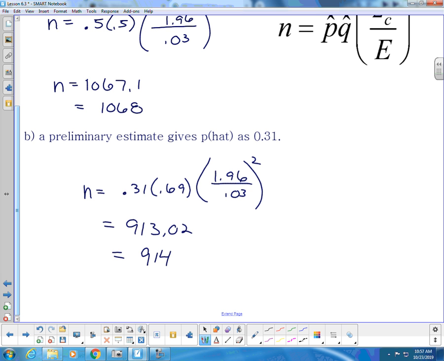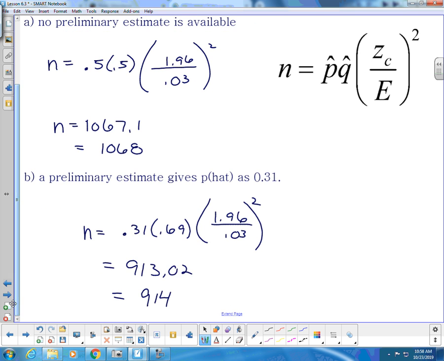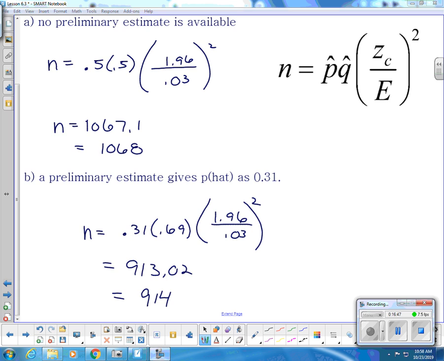So you're not rounding, you're rounding up to the next whole number. So even though it's closer to 913, you need to go to 914. Okay, does that make sense? And that's it, guys. Told you, short lesson.